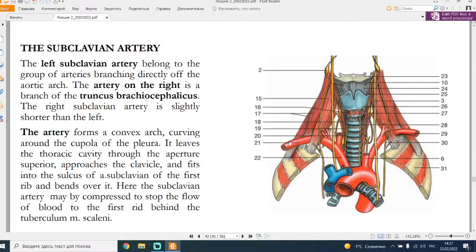Here the subclavian artery may be compressed to stop the flow of blood. Behind is the tuberculum of the musculus scalenus. This is the anterior, median, and posterior musculus scalenus.